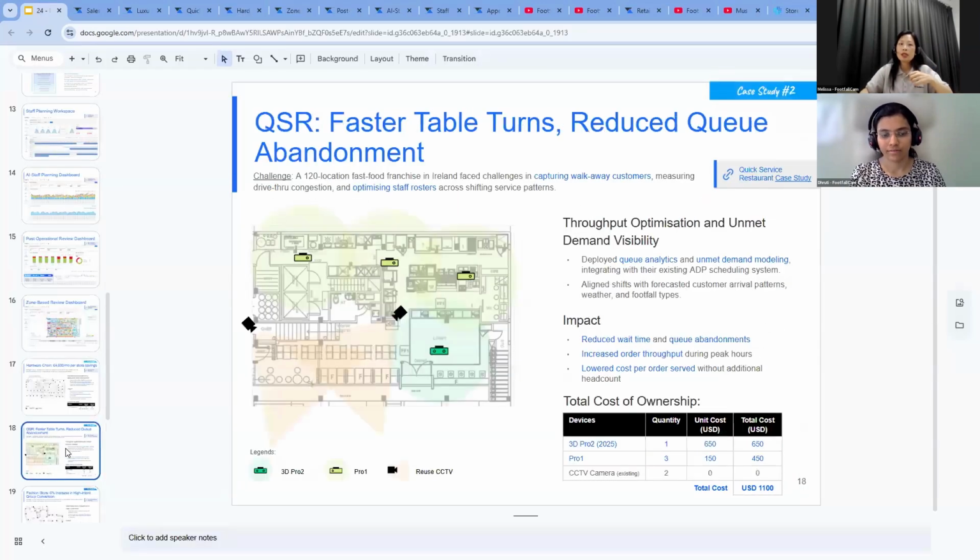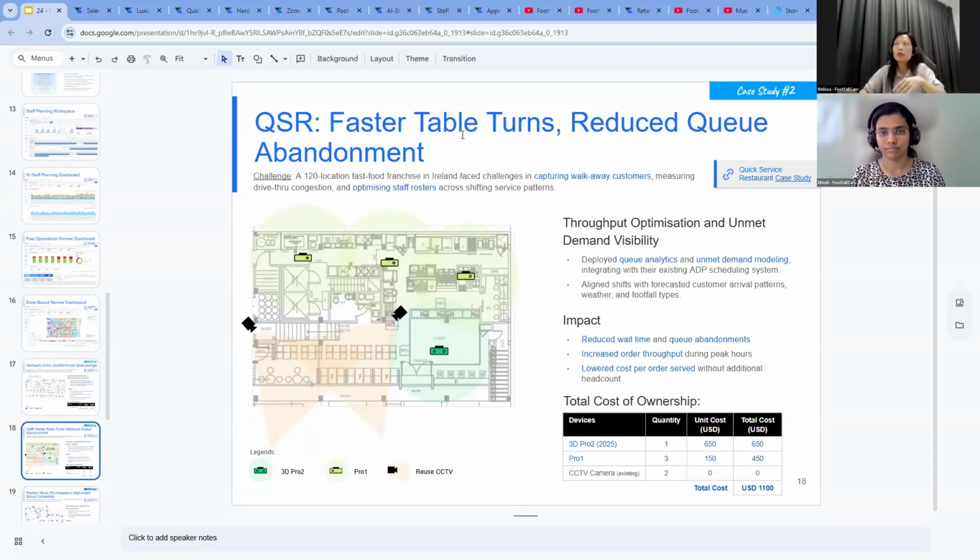Now, a second example is a fast food restaurant. What they're looking for is a faster table turnaround. That is important, because if you still have lots of trays with burger wrappers and all that on there, then your customers are not happy because they can't sit down, even though the table is empty.